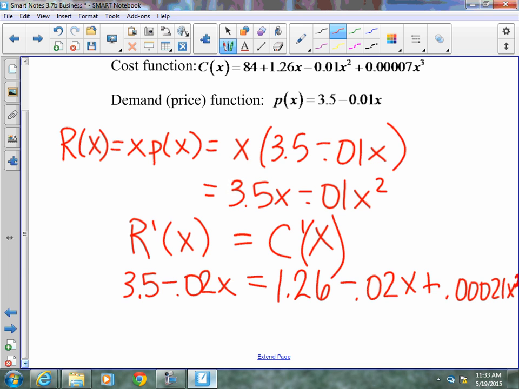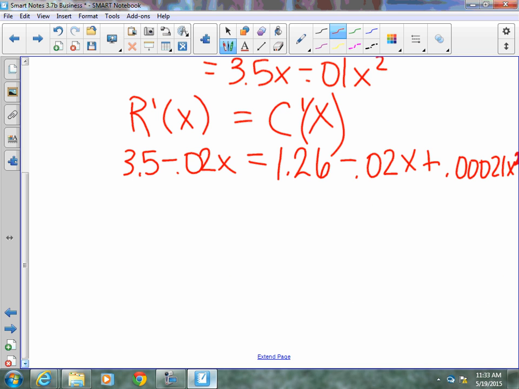See that squared over there just barely. This is going to be a difficult equation to solve. We can do it. These are going to cancel. And we could graph both sides to find the value. You could subtract the 1.26, divide, and so on.